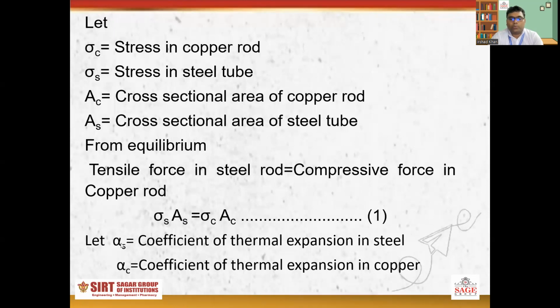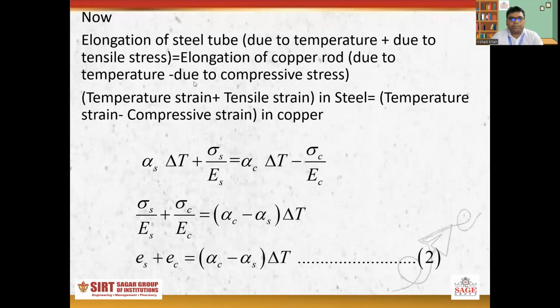And let's assume two parameters: alpha S is the coefficient of thermal expansion of steel and alpha C is the coefficient of thermal expansion of copper. Now, we can say the elongation in steel equals the elongation in copper. And this elongation can be represented by the elongation due to temperature plus that due to the tensile force, because the copper drags or pulls the steel ahead.